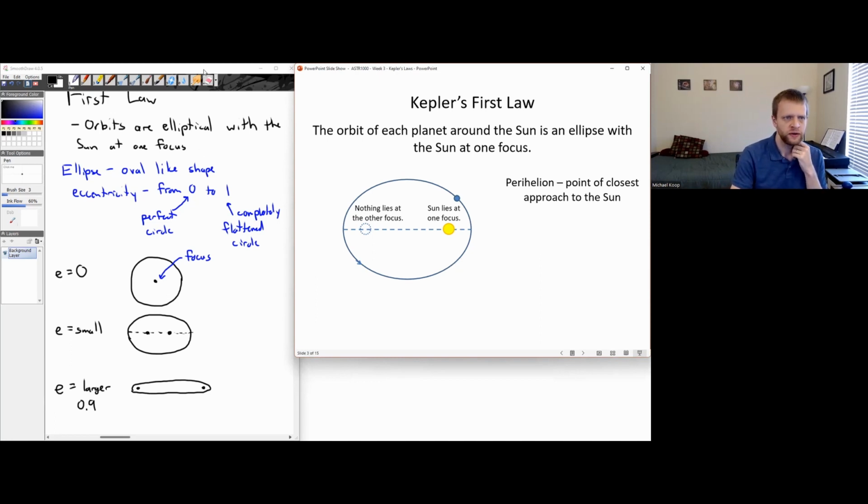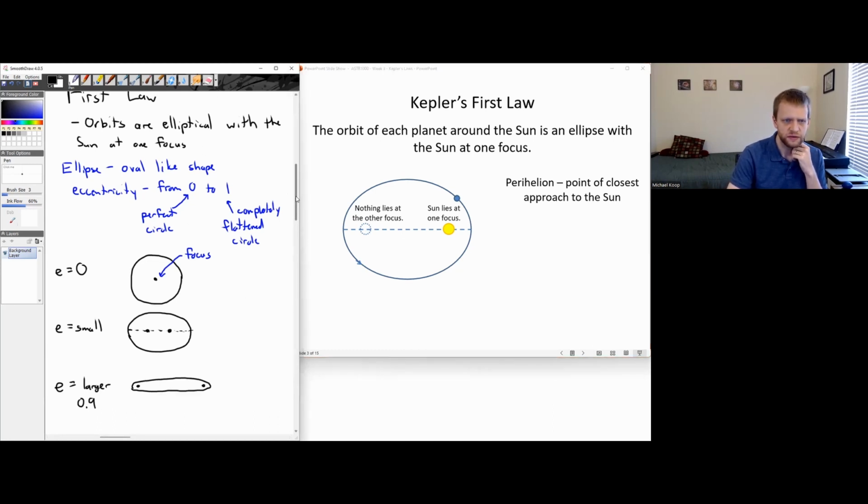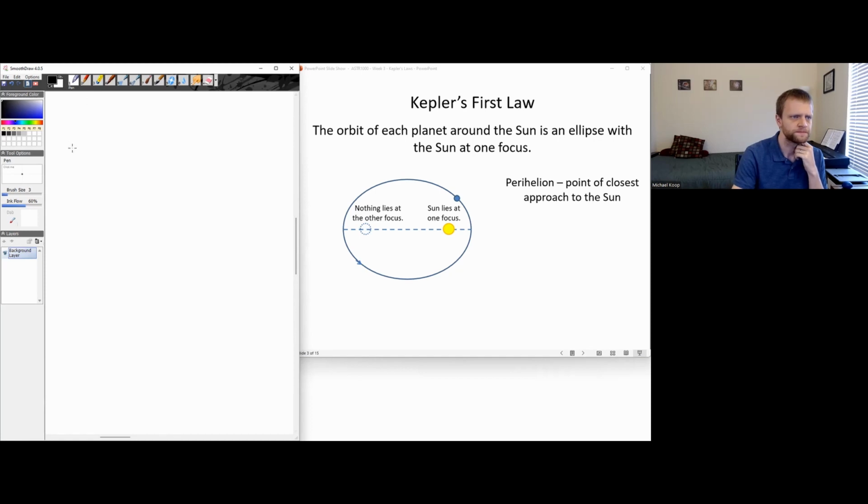So let me draw another example of these ellipses. So let's say this is some particular orbit, and I'm going to zoom in on this one. And let's say the sun is located right here. So here's the sun.